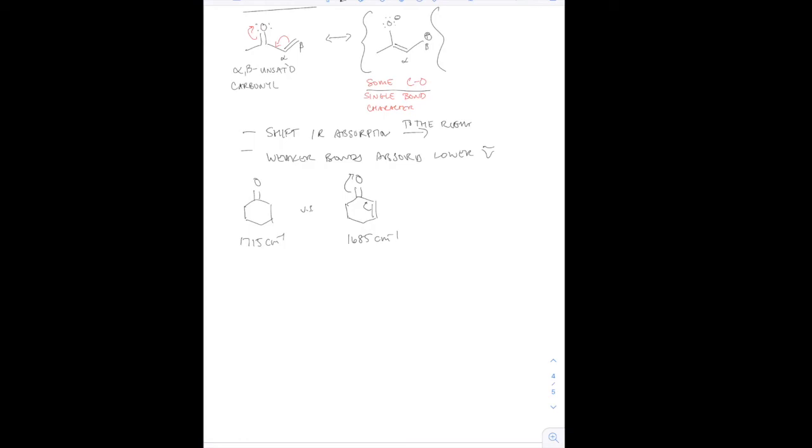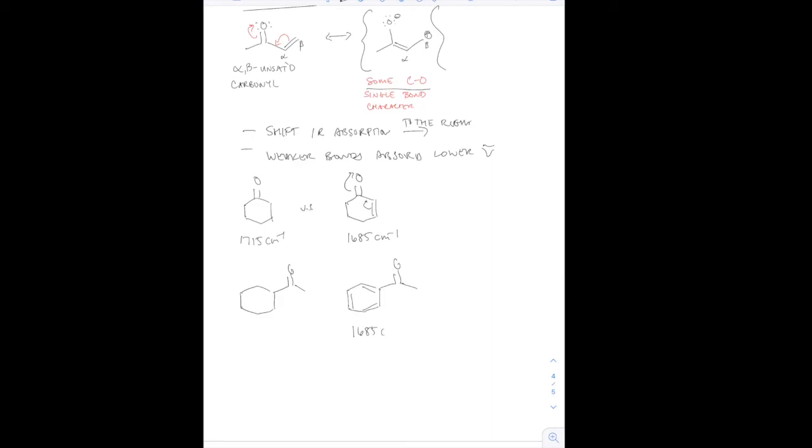In addition to that, a really interesting one is, let's say we're comparing this guy to this guy. Notice the benzene ring there as opposed to just having one pi bond in there. So this one is at 1685. And this one, however, is at 1709.